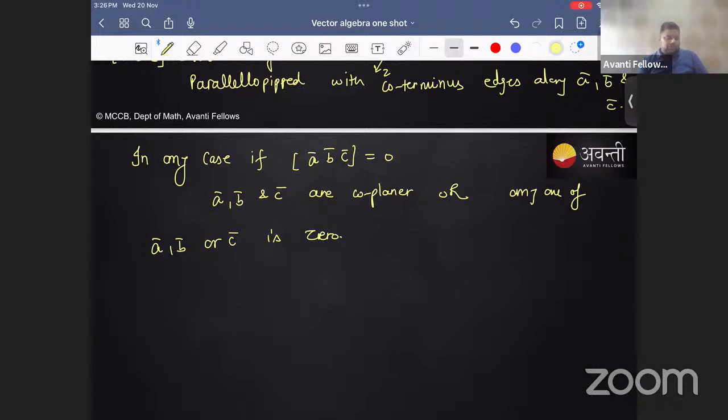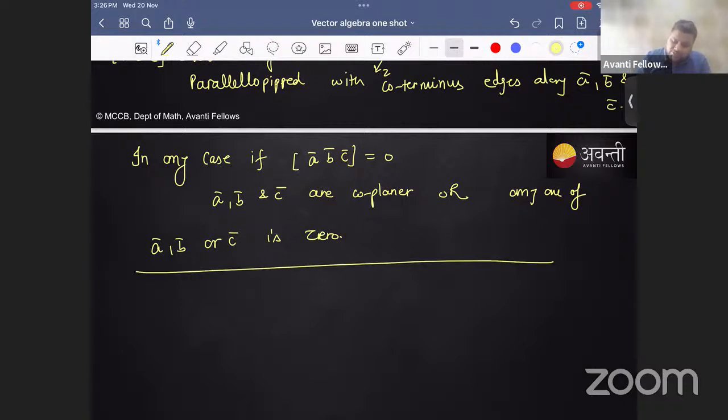So if this is getting 0, that means what? Either one of vector A, B, or C is 0, which is highly unlikely. Why would any vector be 0? Alright, so in that case, A, B, C are coplanar.